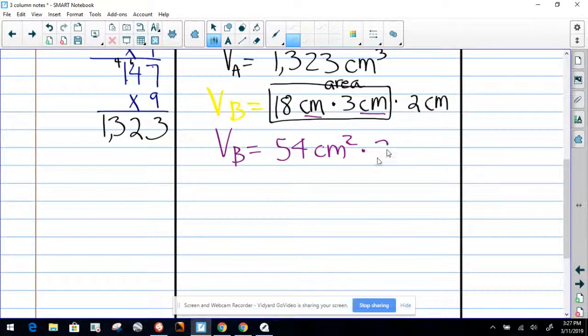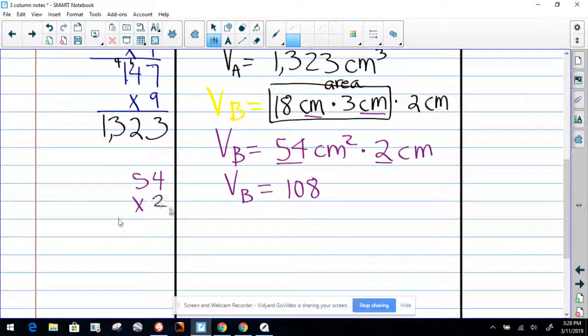That's going to be times the height, which is another dimension. So now the volume of figure B is going to be twice 54, that will be 108. If you really want to see what I did, it's twice that number, so 54 times 2. 2 times 4 equals 8, and 2 times 5 equals 10. That's what I did, okay? And since we have 2 dimensions and another dimension, that's going to be cubic centimeters.